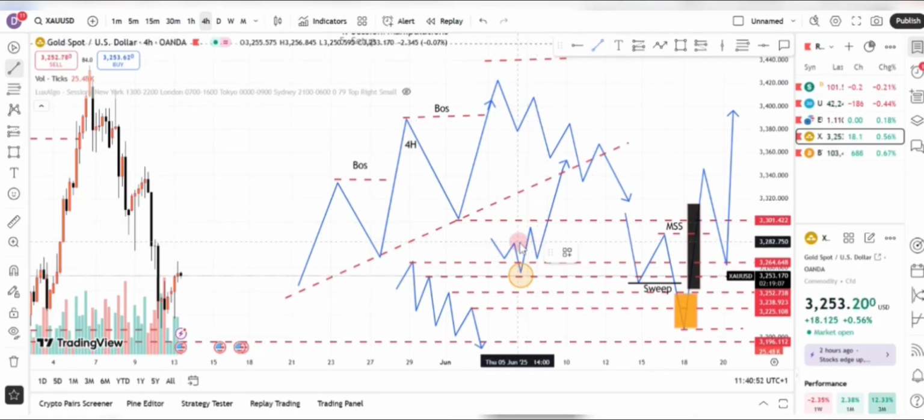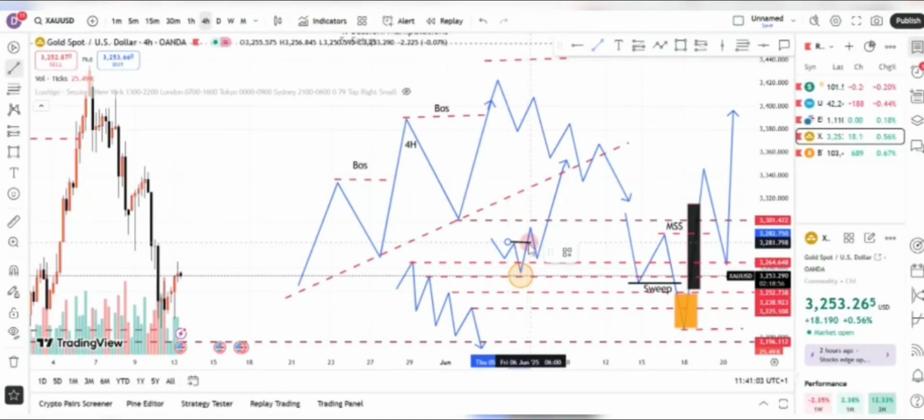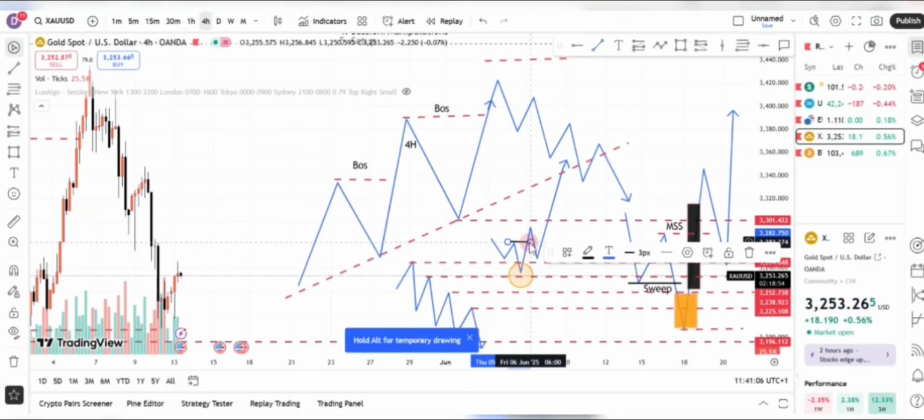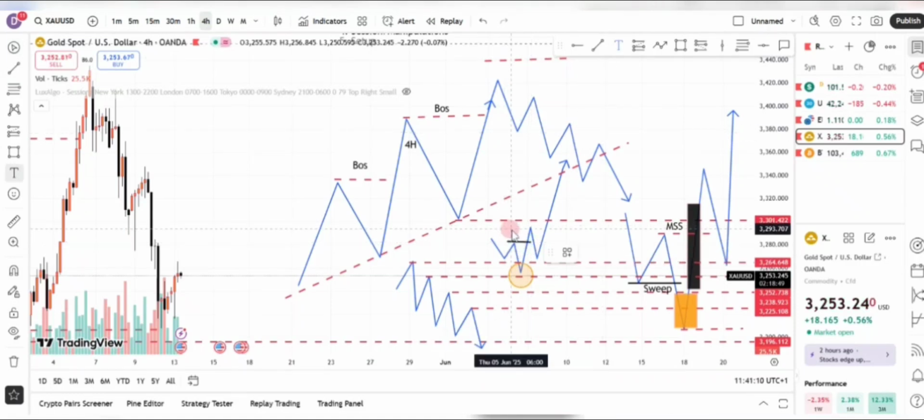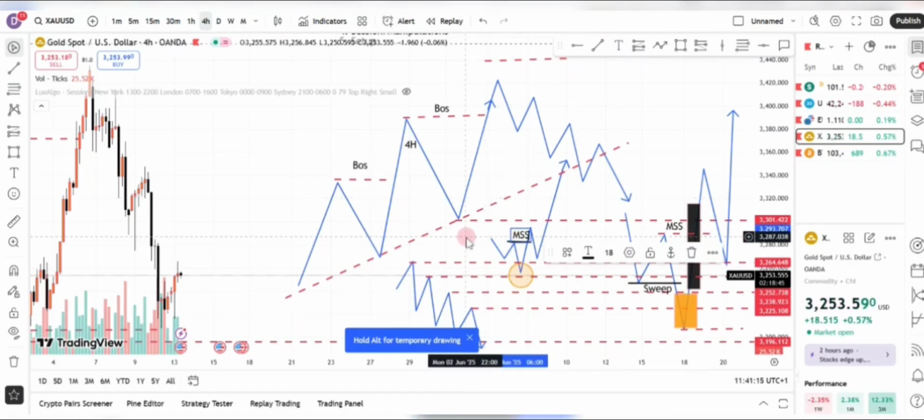I don't know why this is not showing. Let me try it again. Okay? Let's do that. So do you understand? So this is our MSS. Let's do the text. MSS.